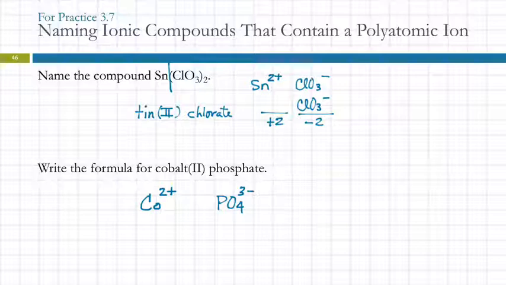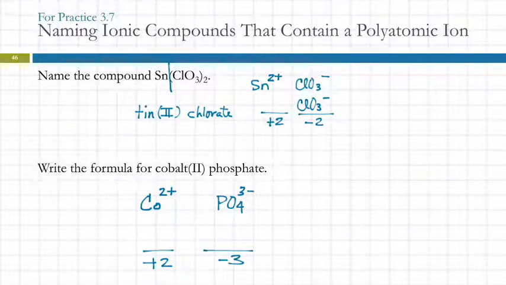You could do the crisscross thing here, or you can think about it and understand. So here I've got -3, and here I have +2. Those don't add up to 0. I need more positive charges, right? So I could draw another cobalt 2 ion in here, and now I've got +4. Well, I went too far that way.